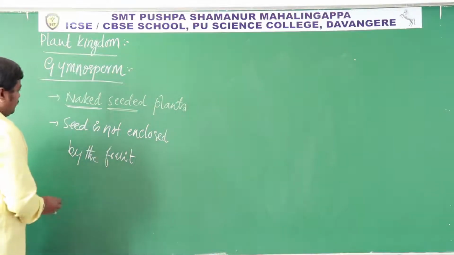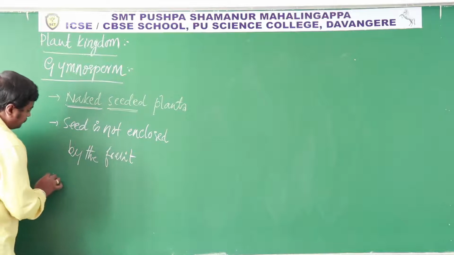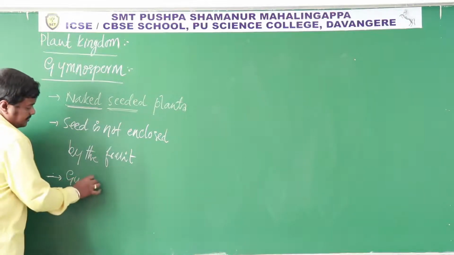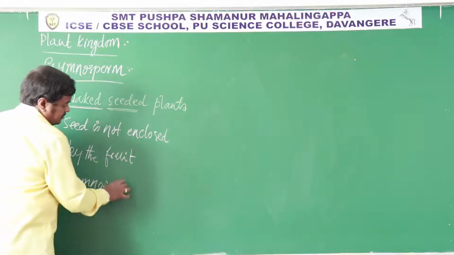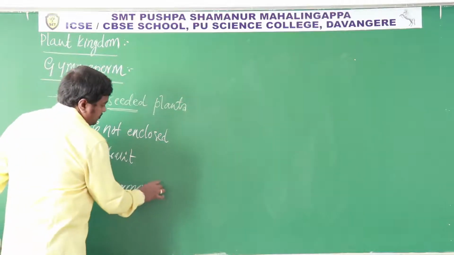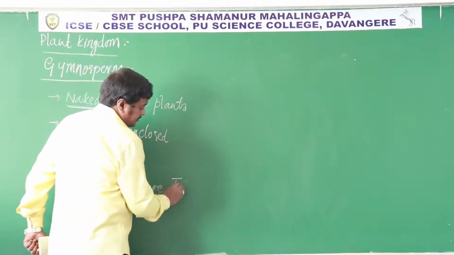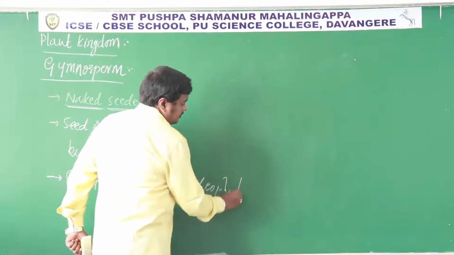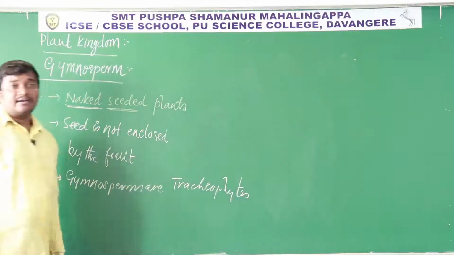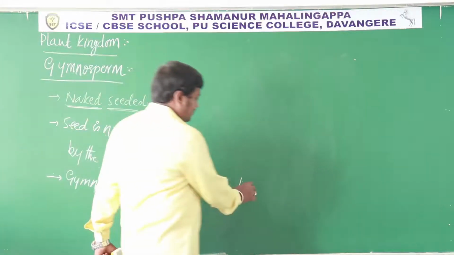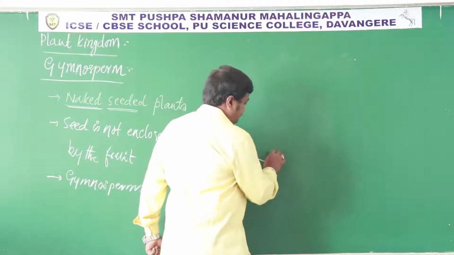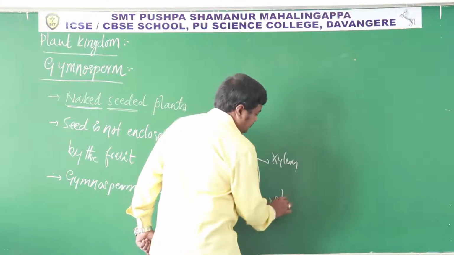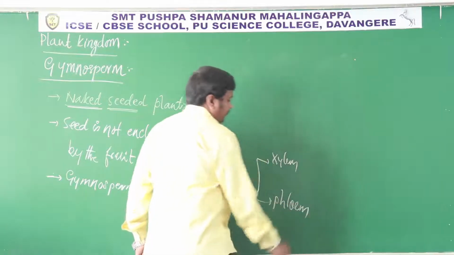Then these gymnosperms are tracheophytes, that means they have xylem as well as phloem.